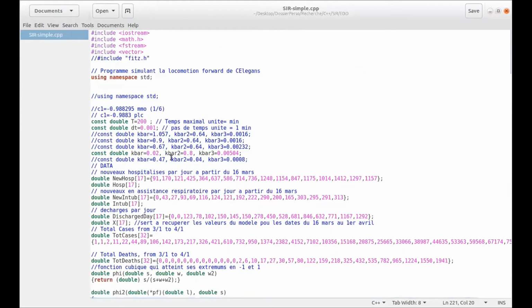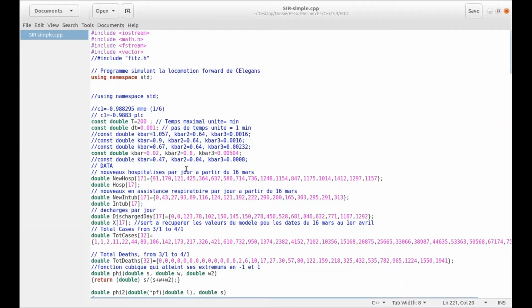So if I look at my K divided by R, so I will find 0.1 divided by 4.